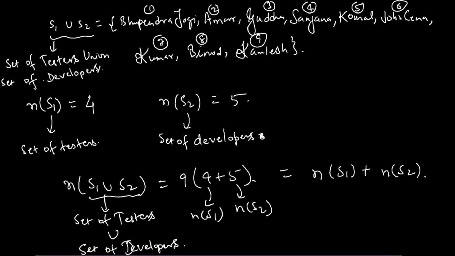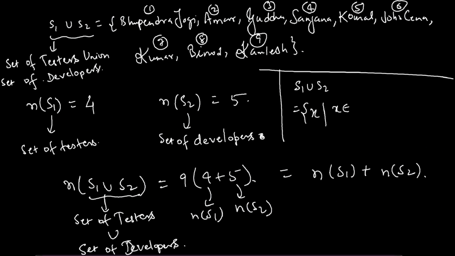So that is what union means. Union means that in the resultant set you are going to have all the elements that are in S1 and that are in S2. S1 union S2 means that S will have elements from S1 and elements from S2 both. By definition, S1 union S2 is equal to x such that x belongs to S1 or x belongs to S2.